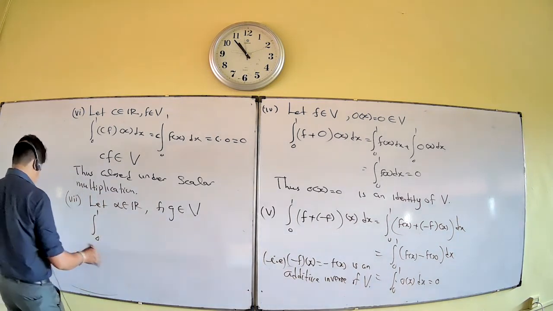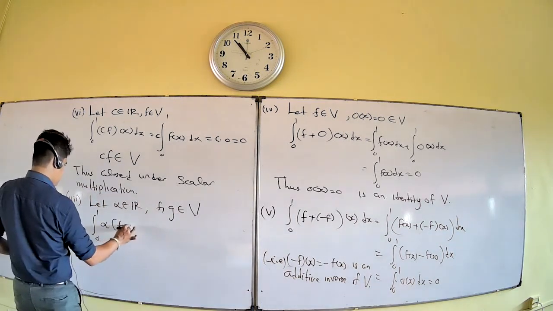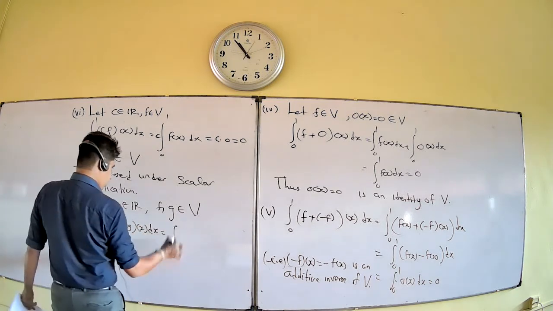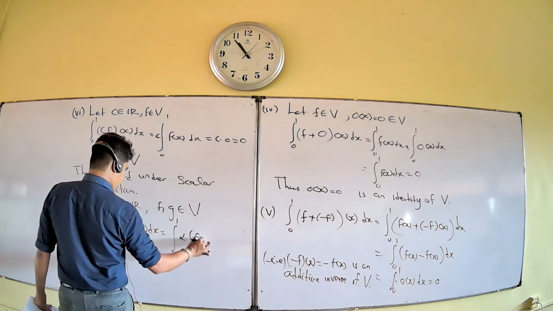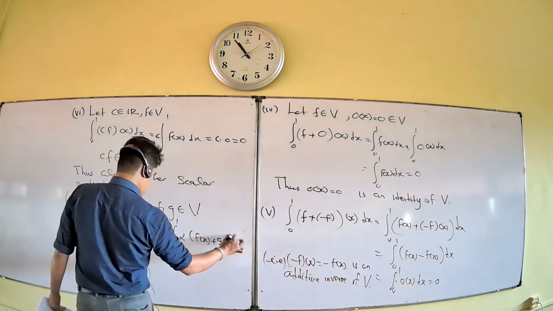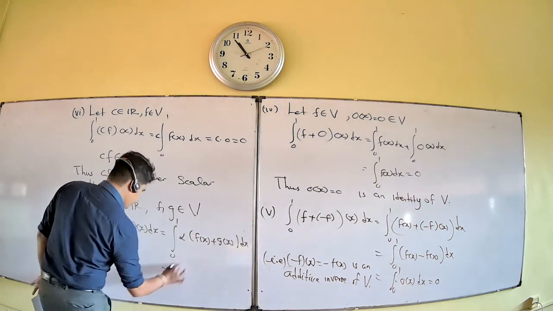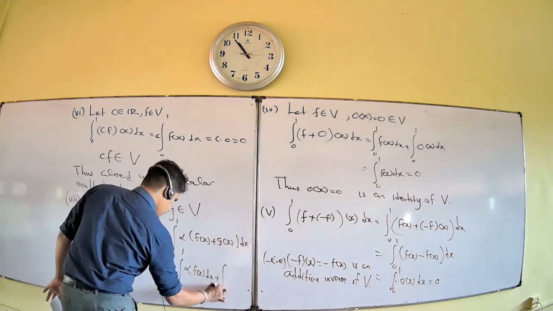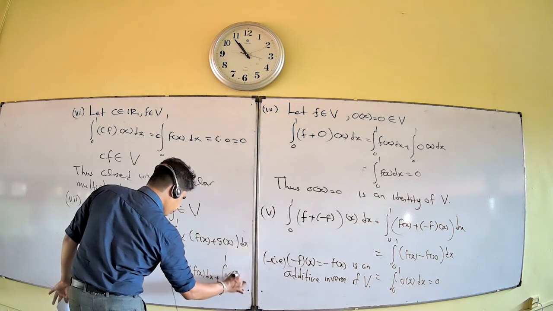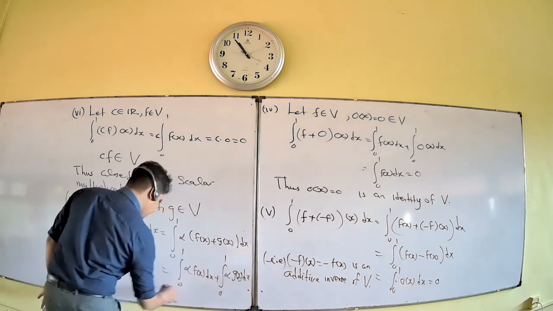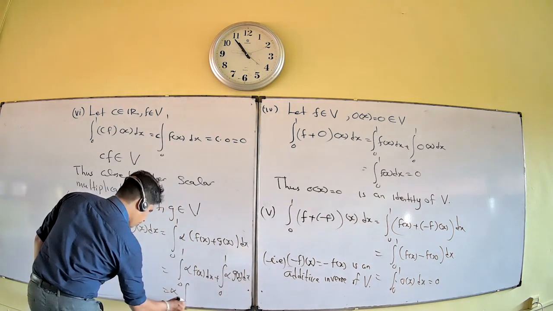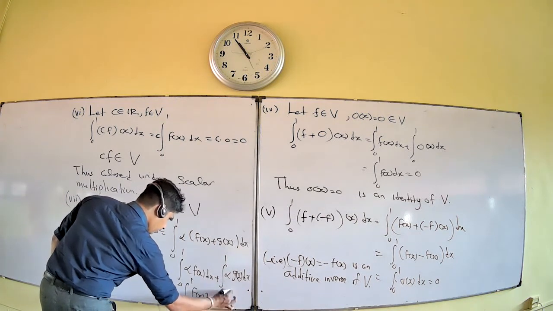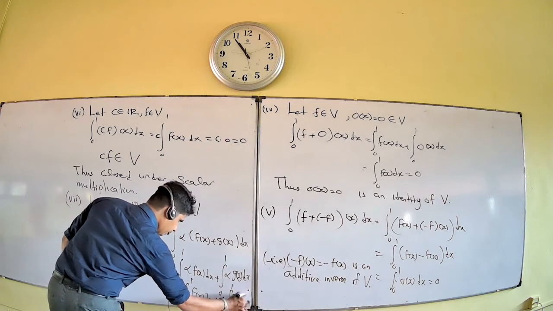Consider this one: the integral from 0 to 1 of alpha times (f(x) plus g(x)) dx. So by integral properties, you can take alpha outside, as alpha is a constant, no? Alpha times the integral of f(x) dx plus alpha times the integral from 0 to 1 of g(x) dx.